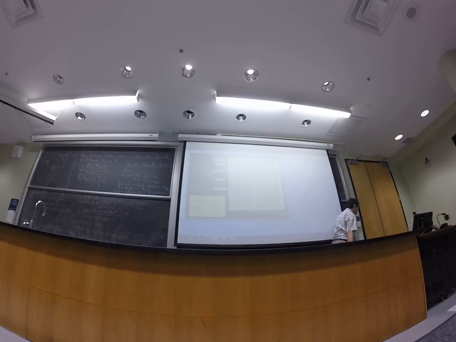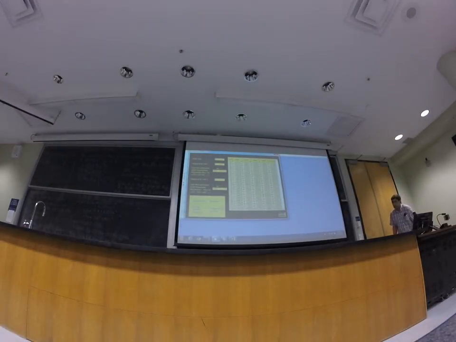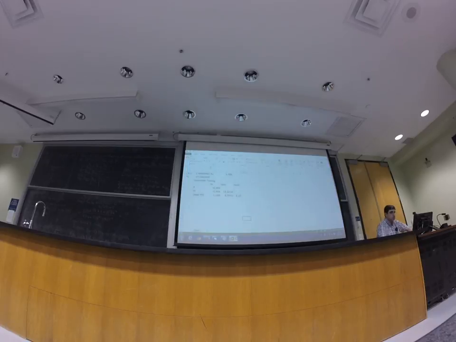Okay, so let's go to Excel using this calculator to find out what the gain margin is. So the gain margin is equal to 1 over 10 to the minus 0.334.